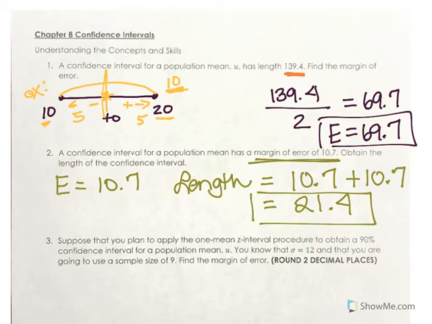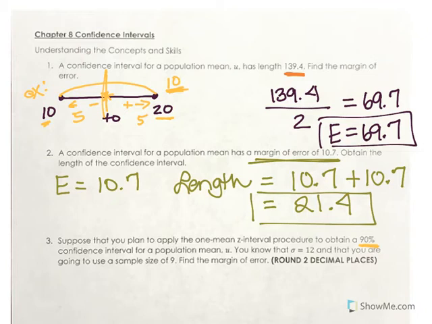Okay. Number 3, it says, suppose you plan to apply the one mean z interval procedure to obtain a 90% confidence interval for a population mean.